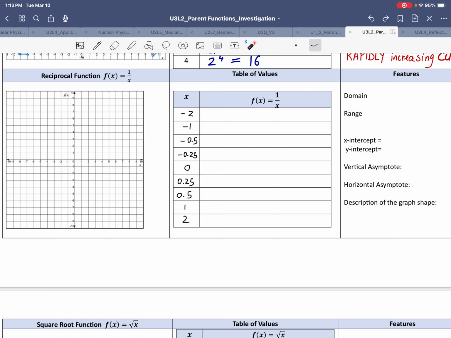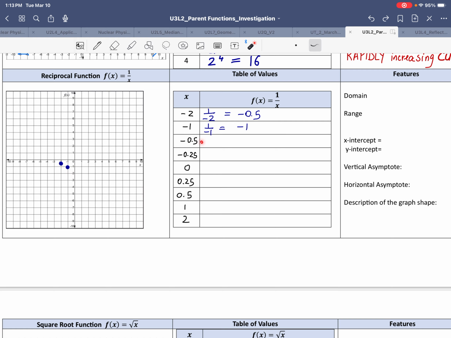Now let's start graphing. When x equals negative 2, y will be 1 divided by negative 2, and that will make it negative 0.5. So when x equals negative 2, the y value is negative 0.5. Now, when x is negative 1, then we have the value of y equal to negative 1. So negative 1, negative 1.